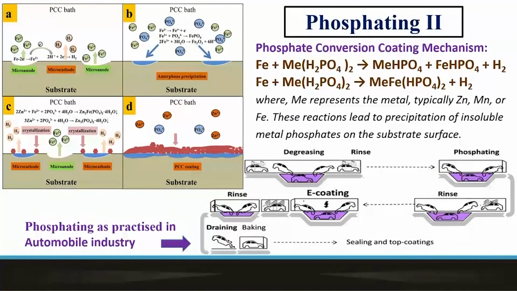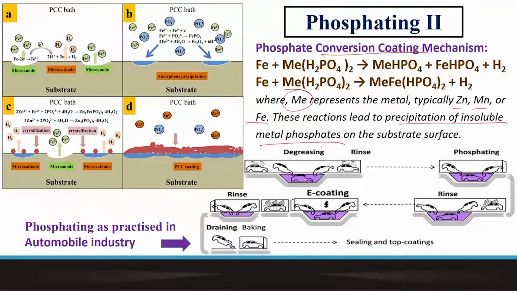Typically the phosphating bath, which allows such conversion coating, is an aqueous bath containing certain phosphates, and Me here is the metal, which could be zinc, magnesium, iron, copper, or some other metals. This kind of reaction leads to formation of insoluble metal phosphates on the substrate surface.